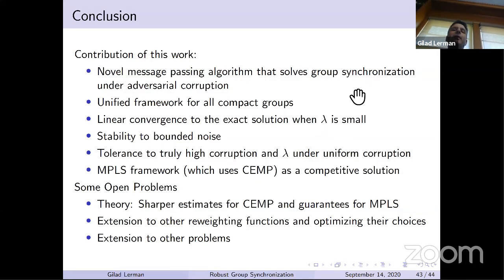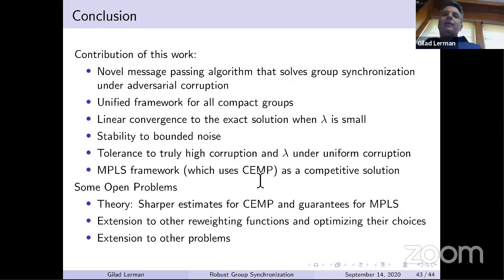And it's a unified method for any compact group. We had different mathematical results, and we also showed you that we have a competitive version for real data sets, especially for rotation synchronization.